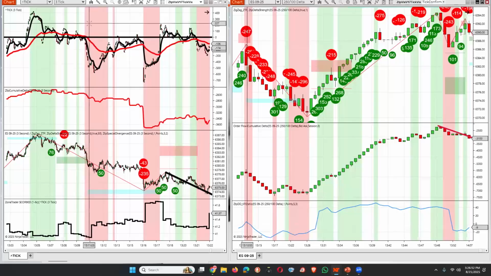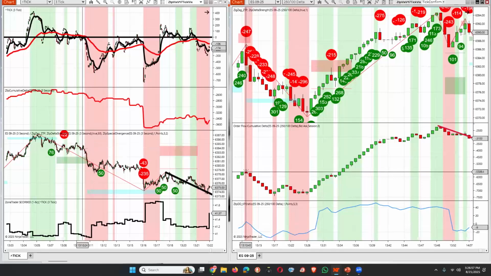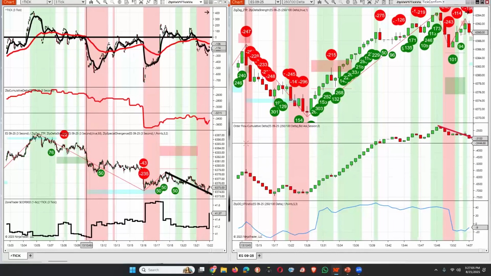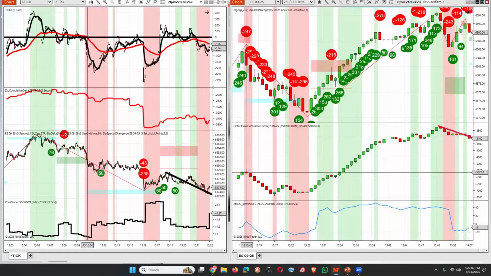The tick is now trading below zero. And down here, I am using the NinjaTrader order flow cumulative delta, and the order flow down here is not filtered. Very important. I'm looking at all contracts.